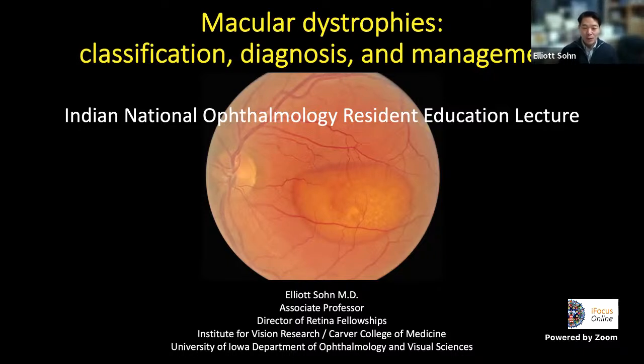As I'm a clinician scientist in retina, so I see patients with macular dystrophies, but also do research in this area. And at the Institute for Vision Research at the University of Iowa, we are really doing a lot of very interesting and hopefully promising work for the future in trying to cure these disorders.